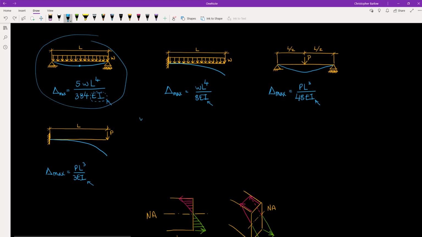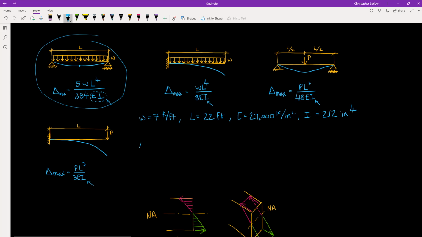And say we have a uniformly distributed load of 7 kips per foot, length of 22 feet, an E of 29,000 kips per square inch, which is a typical modulus of elasticity for steel, and an I of 212 inches to the fourth.